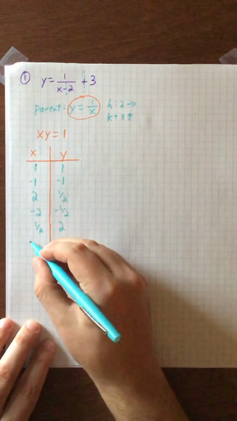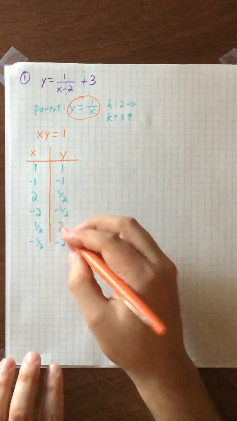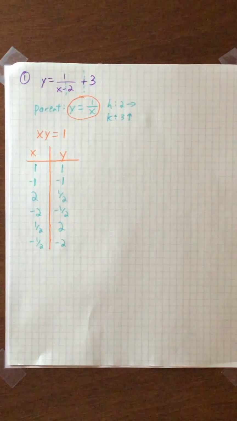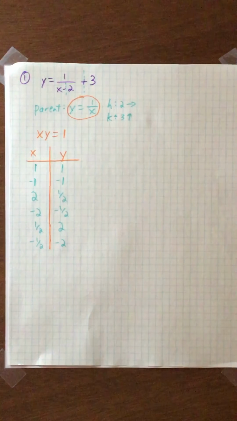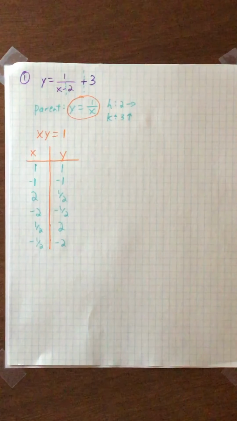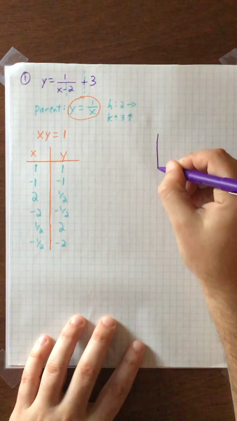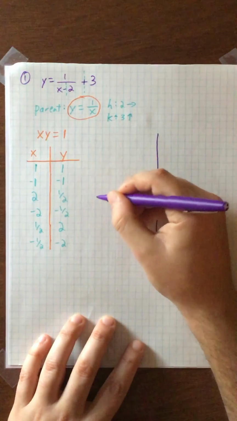And then I can flip the signs. A little different than anything we've done, but really you're just starting out from the origin, work your way out, pick points that are easy to plug in and to graph. Okay. Remember, those points though aren't going to be our final answer. We're going to have to shift them.